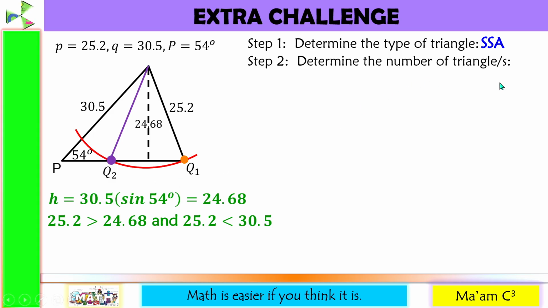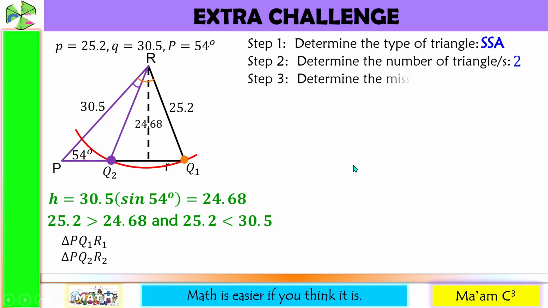So meaning there are two triangles in this problem. Let me label this vertex as R. So the first triangle is triangle P, Q1, and R1, with the angle from here up to here. And then triangle 2 would be P, Q2, R2. The angle is from this side up to this side.